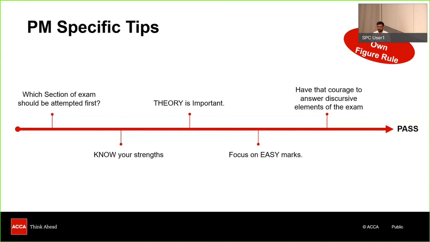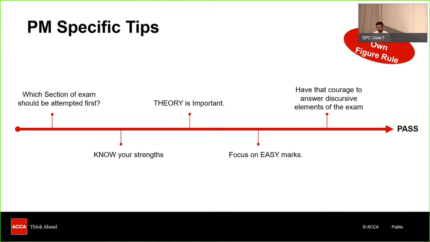Finally, an important tip: build the courage in yourself to answer discursive elements of the exam. If a balanced scorecard question comes in the exam, a transfer pricing question comes, or a KPI question comes, and that is a 20 mark question, if you simply skip it, then getting 50 out of 80 would be very hard. So my advice is to build the courage.